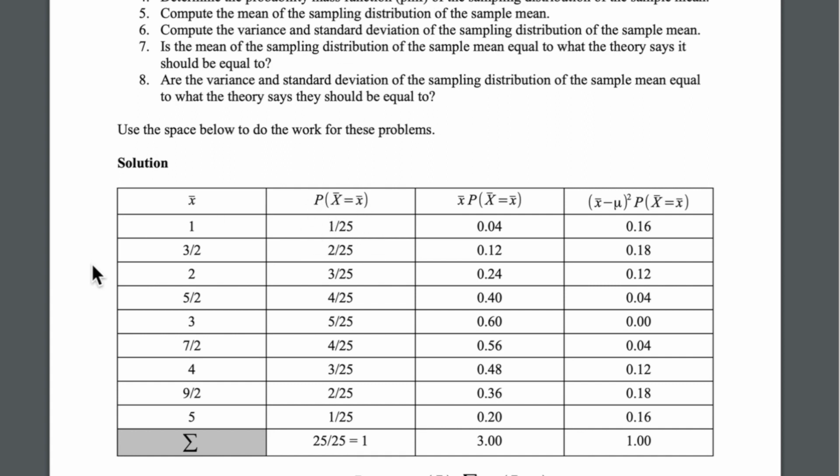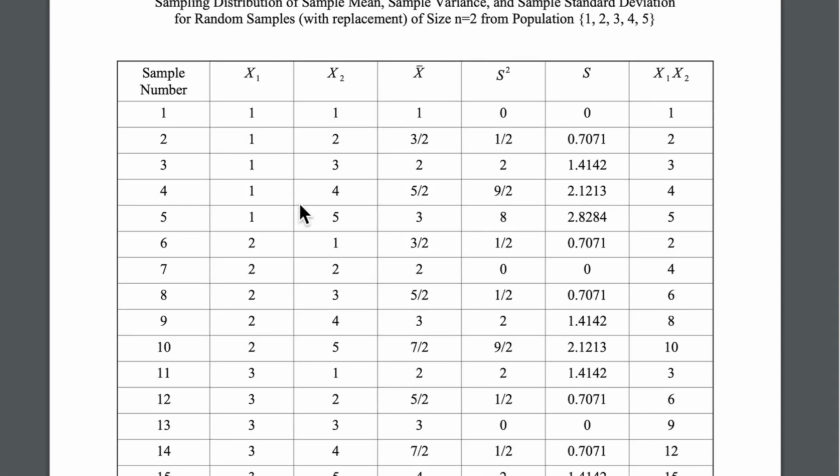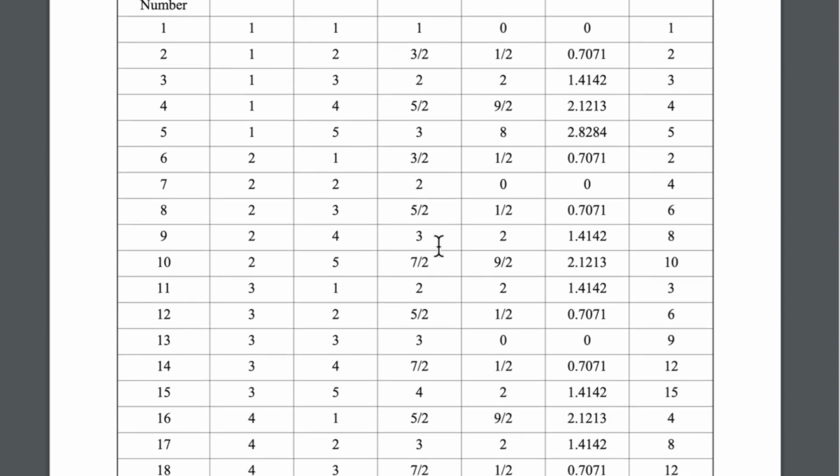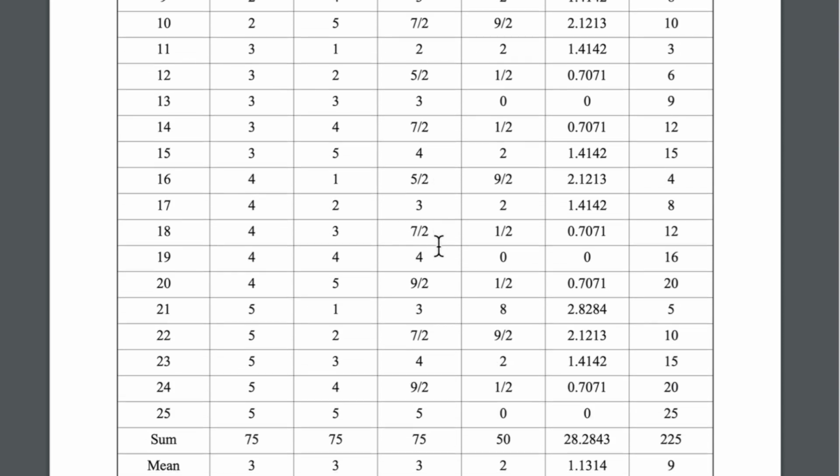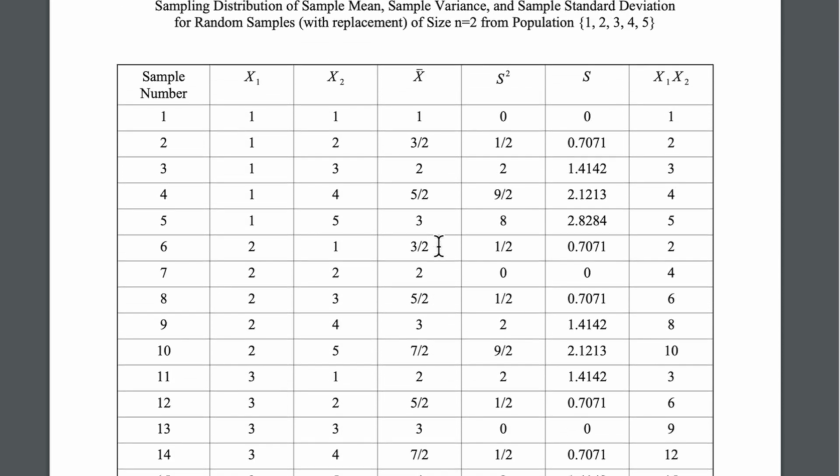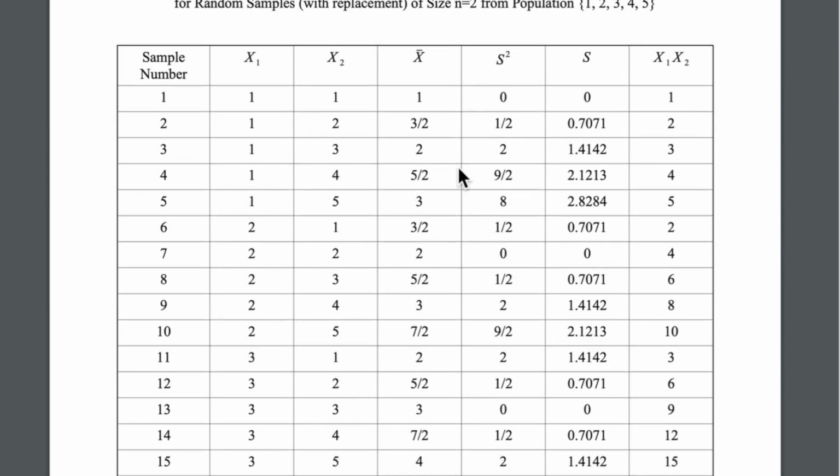All right, similarly, the probability that x bar is equal to 3 halves, that's going to be equal to the number of samples where the sample mean is 3 halves divided by 25. All right, and you can see here, again, as we scan through, that there are only 2 possible samples where that happens. This sample here, which we're calling sample 2, and then this sample here, which is sample 6.